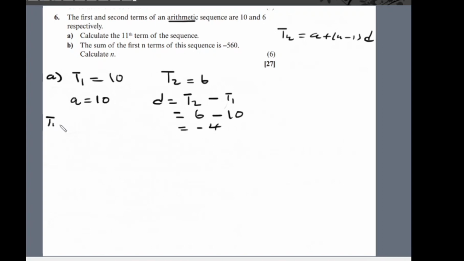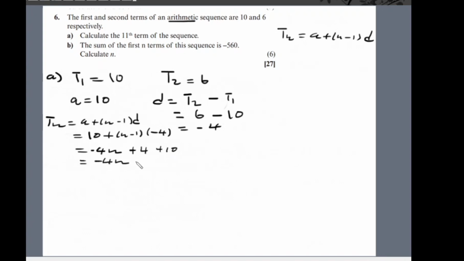So our formula for Tn will be a plus n minus 1 d, right? A is 10, d is minus 4. So our formula for Tn will be minus 4, n plus 4 plus 10. It will be minus 4n plus 14. So what is T11?